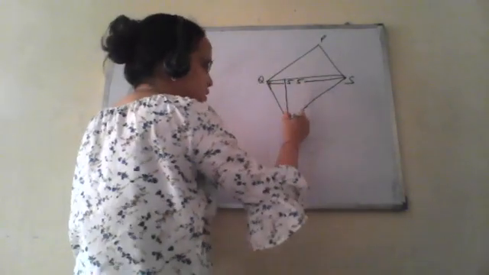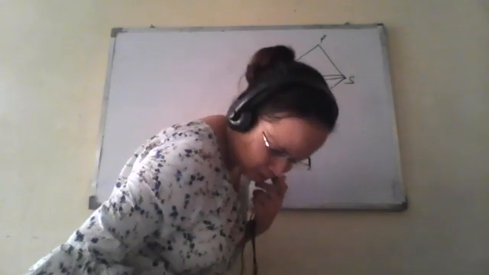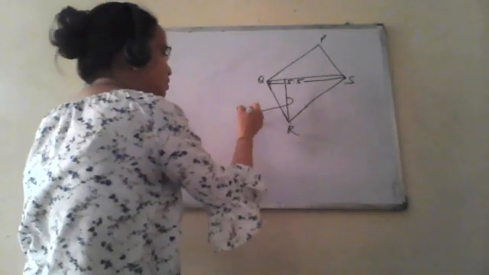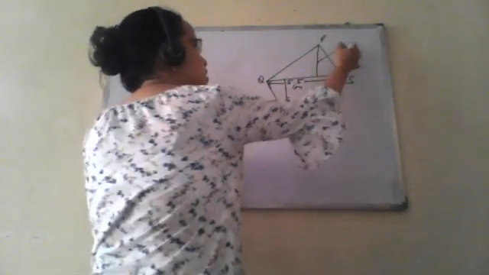One of the perpendiculars has length 1.5 centimeters, and the length of the other is 2.5 centimeters. We have to find the area.